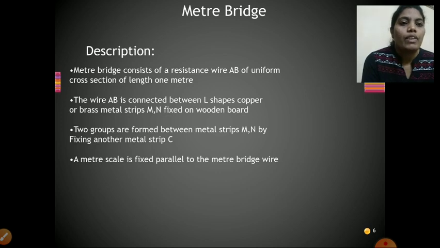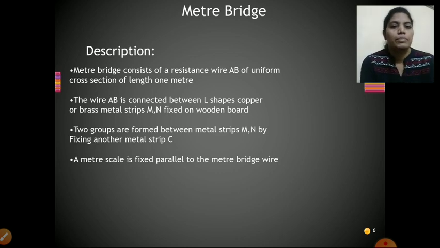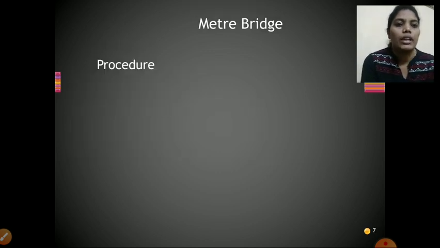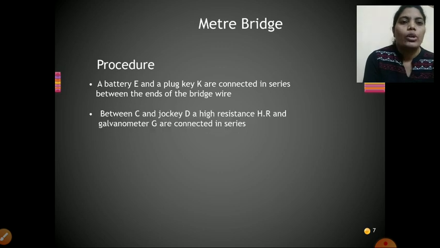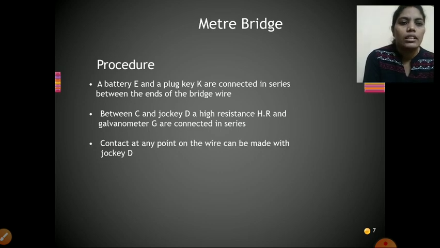These metal strips form two gaps with the help of another metal strip C. A meter scale is fixed parallel to the meter bridge wire. A battery and a plug key are connected in series between the ends of the bridge wire, and between C and jockey D, a high resistance and galvanometer are connected in series.